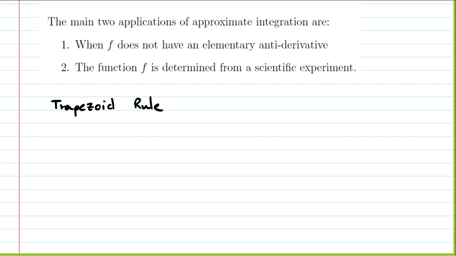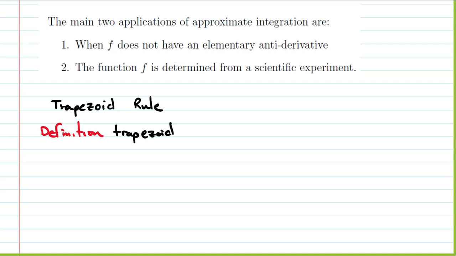Before we talk about the trapezoid rule, let's remind ourselves about a little bit of vocabulary. Well, what is a trapezoid? A quadrilateral, that is correct. And it's a very specific type of quadrilateral.